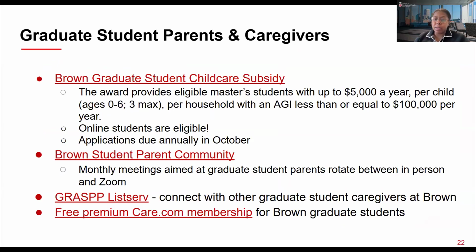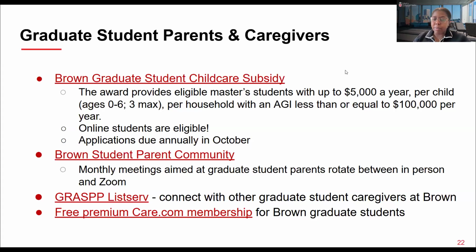Additionally, in terms of building community, we do have the Brown graduate student parent community where you can meet with your peers and talk through different resources that may be helpful, and establish that community with folks who are going through a similar process as yourselves, being full-time students, part-time students, but also managing the role of parent.